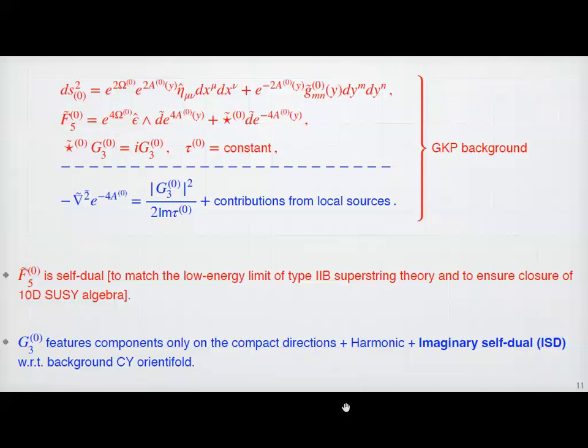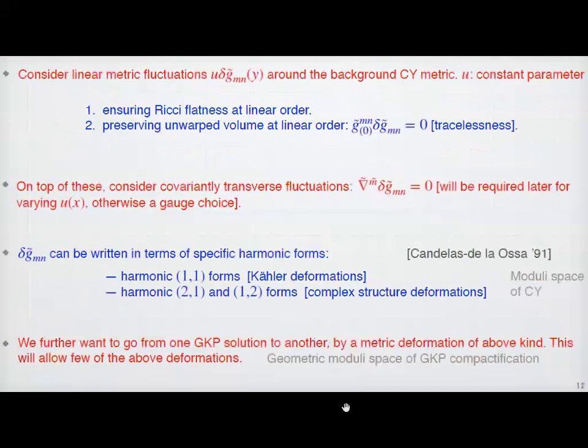So these are the properties of the GKP background, and this will be very important for us, as I will explain now. We will consider linear metric fluctuations of this form around the background Calabi-Yau metric. For now, take U as a constant parameter.